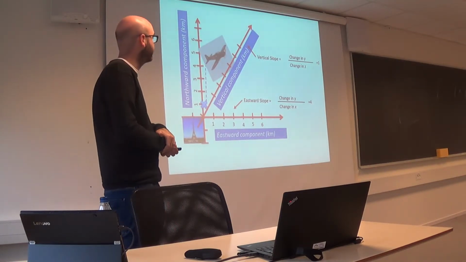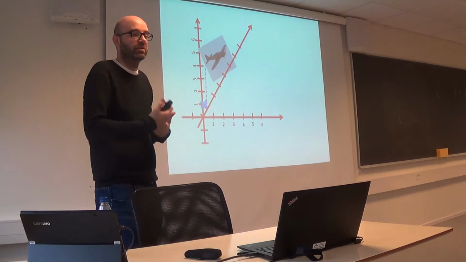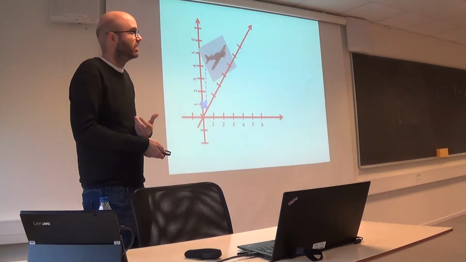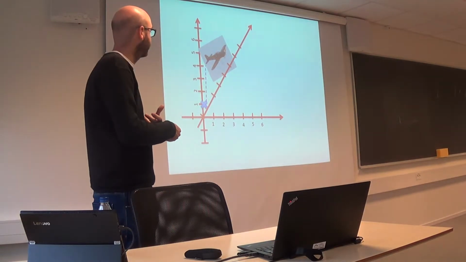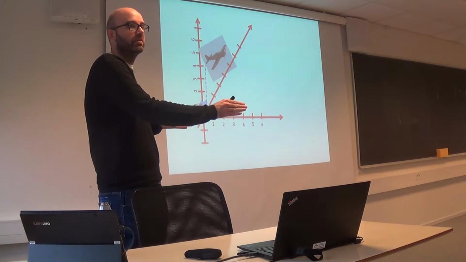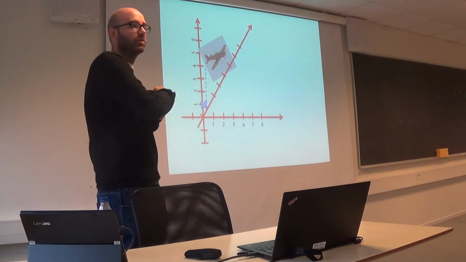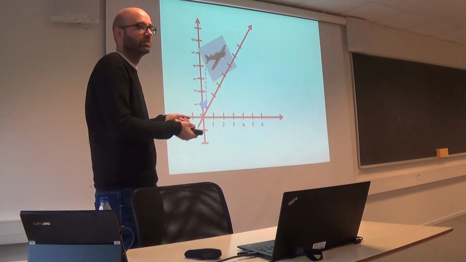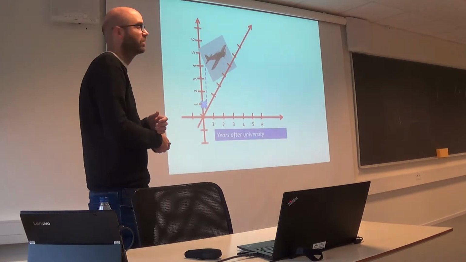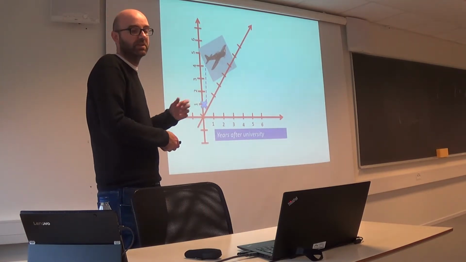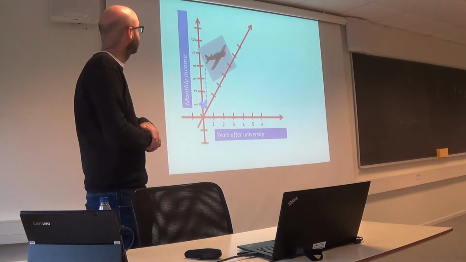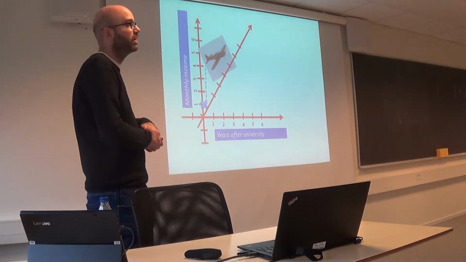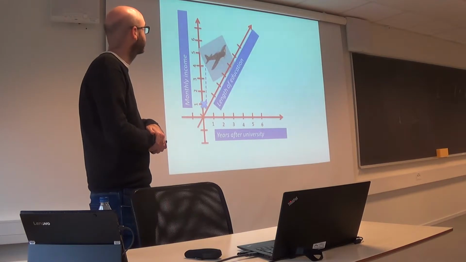So all we have to do now, if we want to start to think about this in terms of data, is, instead of having movement that's got an eastward component, a height component, and a northward component, the plane is flying through a data space where we replace east with years after university, that's one predictor. North with monthly income, that's our outcome.